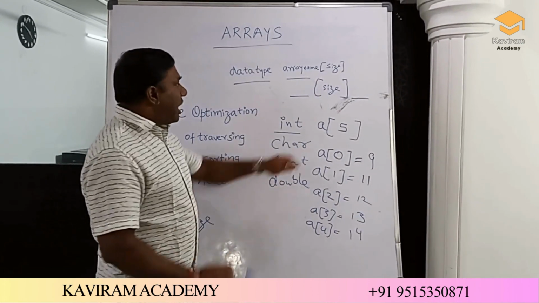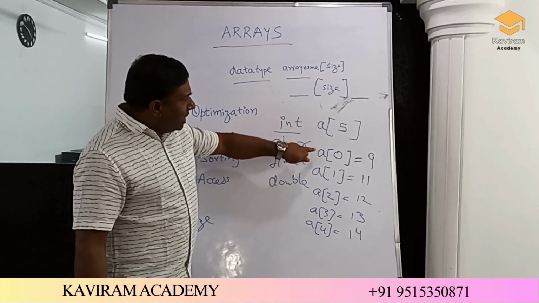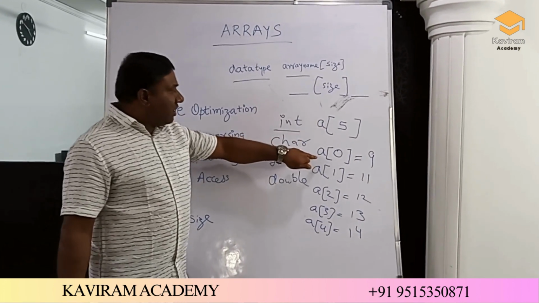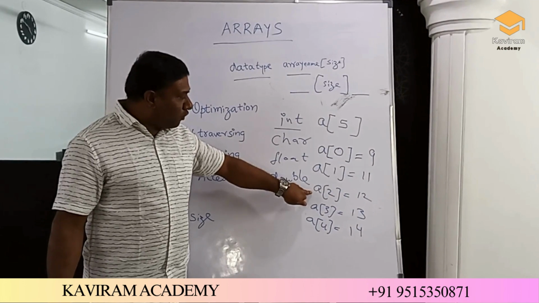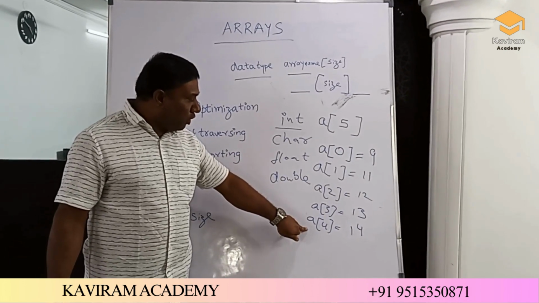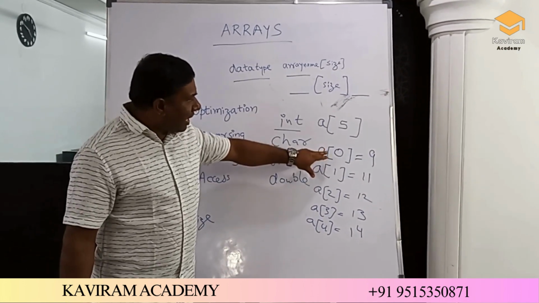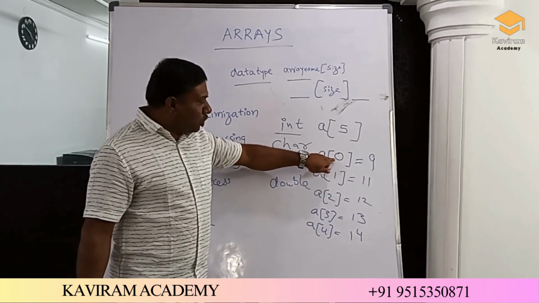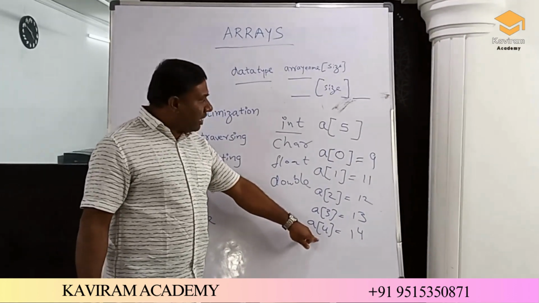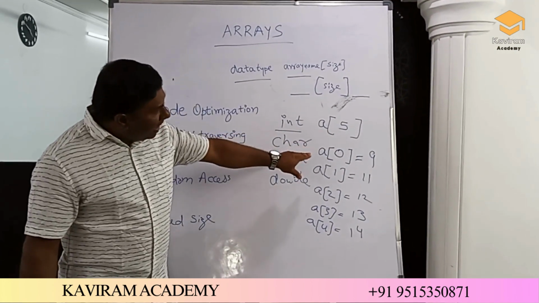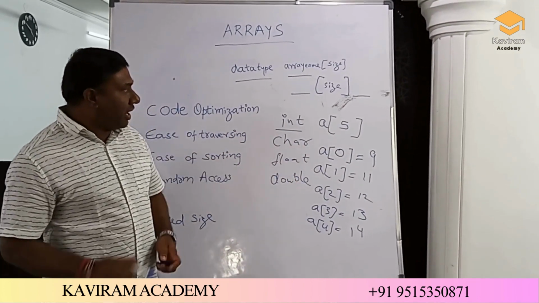So in this array the memory is allocated as A of 0, A of 1, A of 2, A of 3, A of 4. The size of this array is 5, indexed from 0 to size minus 1. In this way, the memory is allocated for this array.